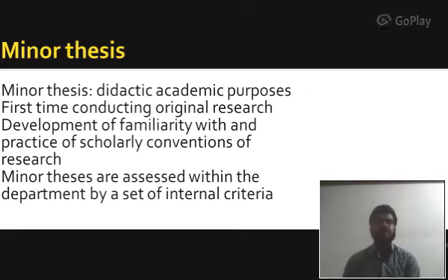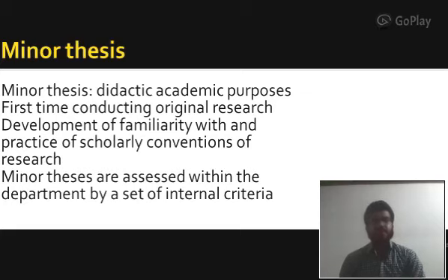So this is their first time original research activity, where they are supposed to learn these basic skills, and afterwards when they do their MPhil, this is where they can use some of the basic skills they have already learned and can produce something very worthwhile and valuable in terms of profundity of ideas.